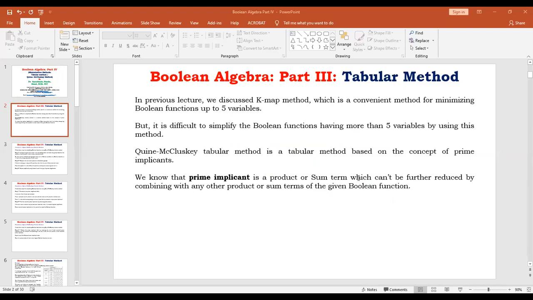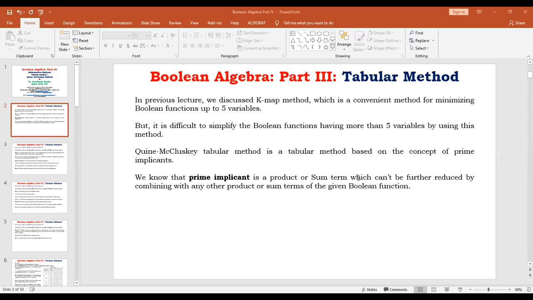If the variables increase beyond 5, then a lot of problems occur in using the Karnaugh map. So then we go for the tabular method or the Quine-McCluskey method. The Quine-McCluskey method is very much utilized for Boolean functions with more than 5 variables.